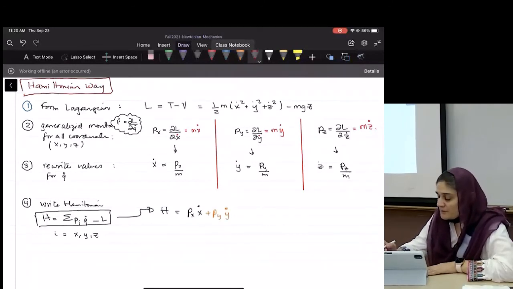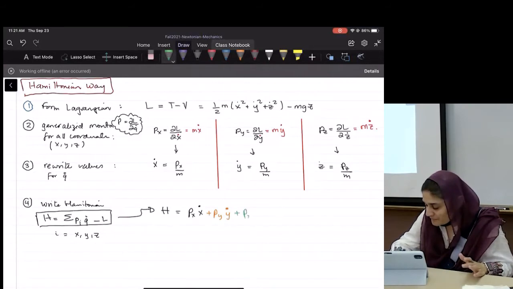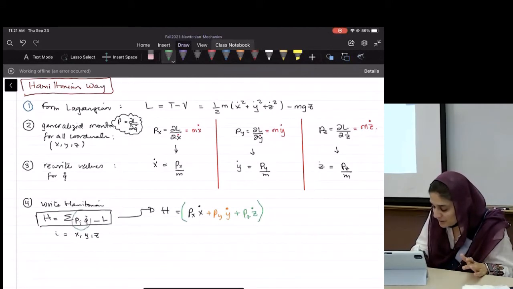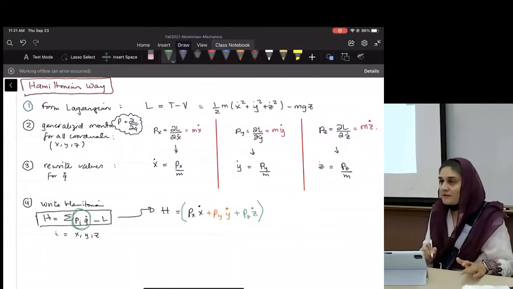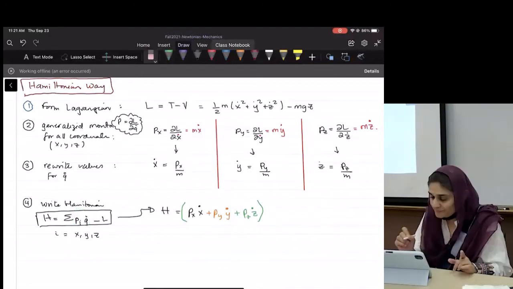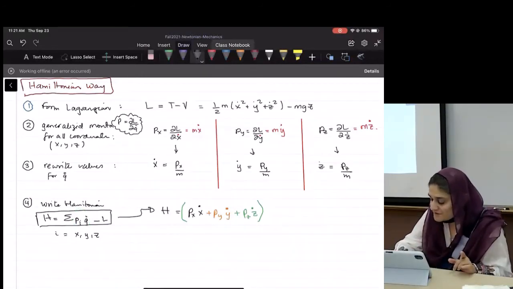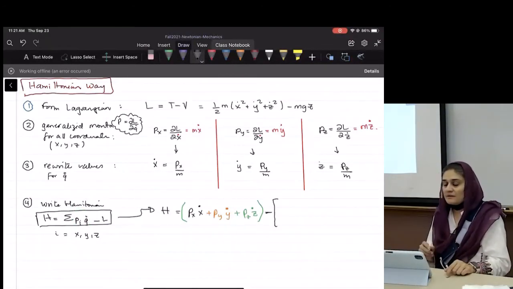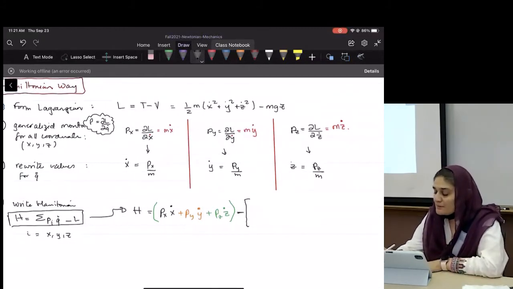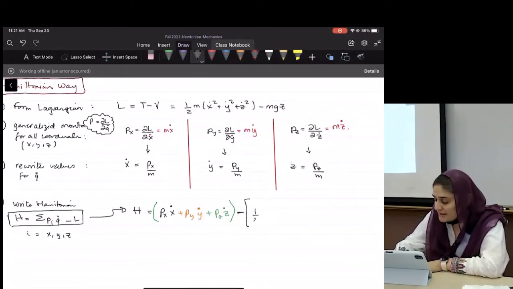What will be my third one? Pz z dot. Is that the first term? That represents this part. Got it? And now I have to subtract the what? The Lagrangian. So I will write my Lagrangian again here.